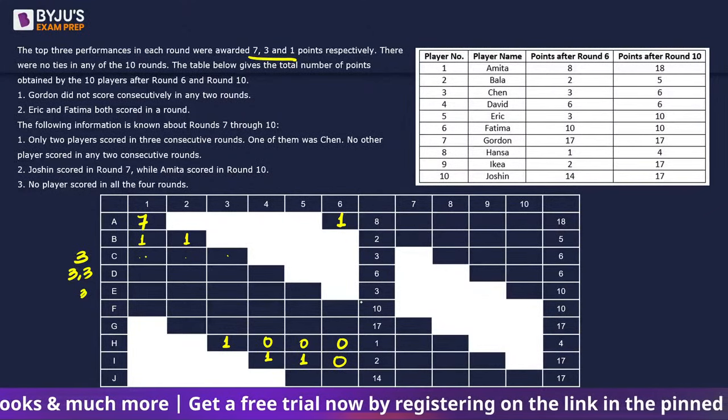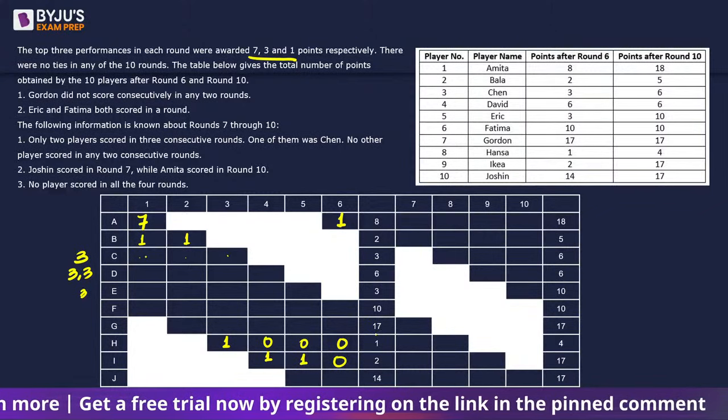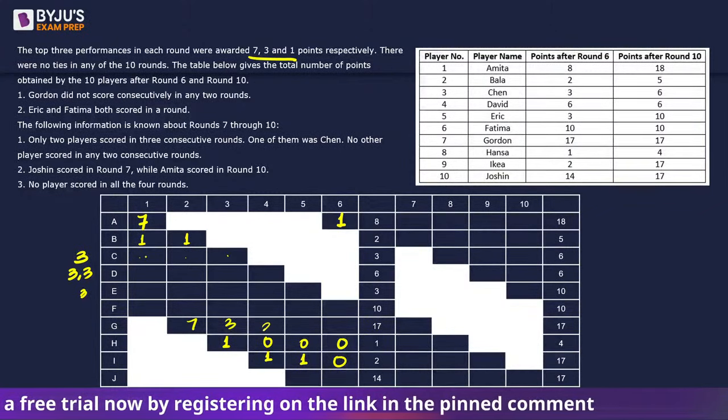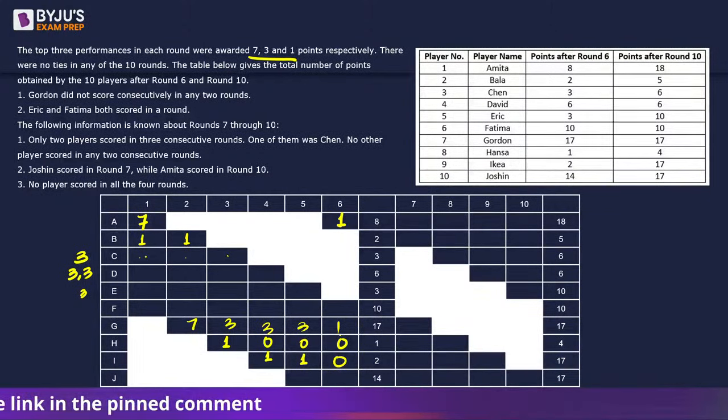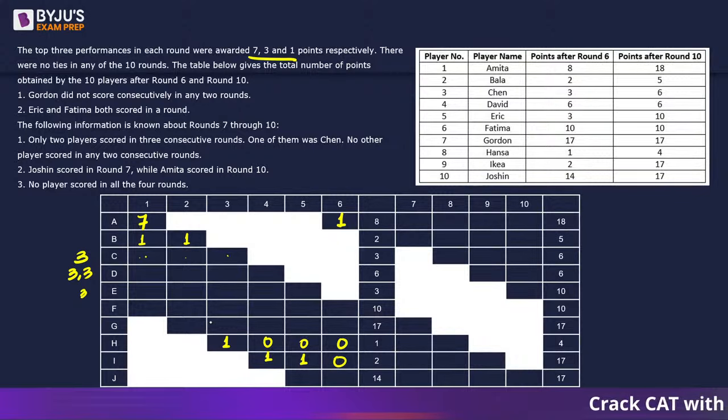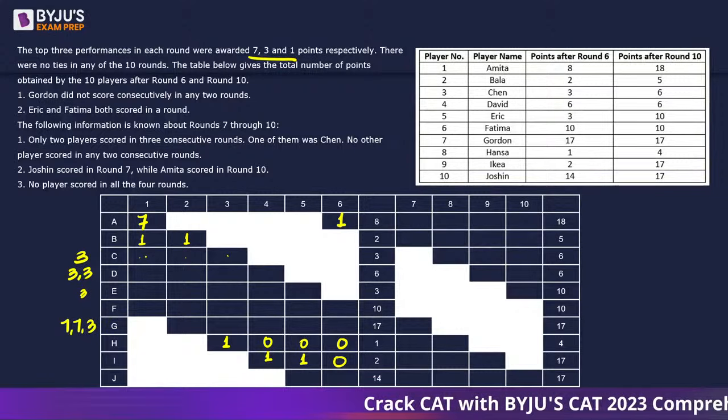That also tells us that the 17 ka combination, if you remember, I said we can have 7-3-3-1 or we can have 7-7-3. 7-3-3-1 is not allowed because no matter where I put 1, in that round 1 is already taken in. So we can only have 7-7-3 right now for G. So 7-7-3, ऐसे ही 17 बन सकता है.